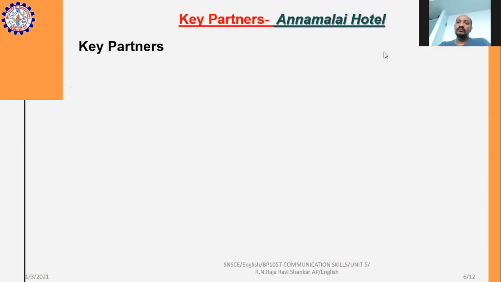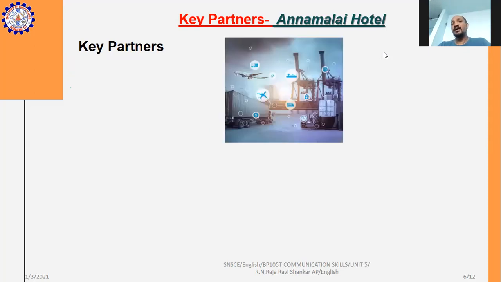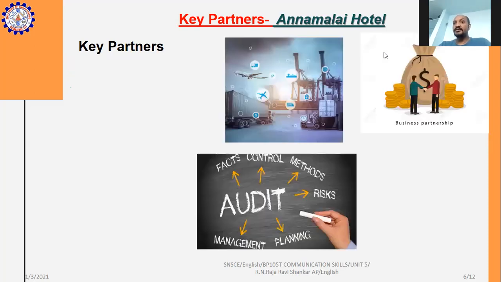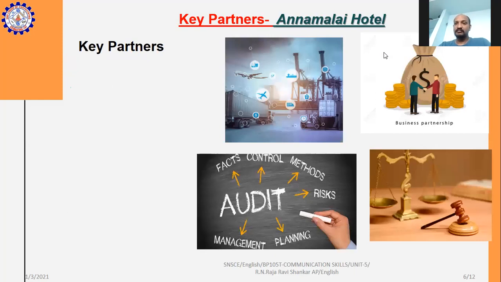Who are the partners? Who can be our partners? The most important partners that we wish to focus on, the first two you know, so I don't want to go much into that.